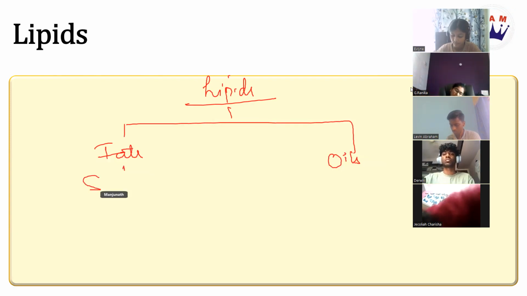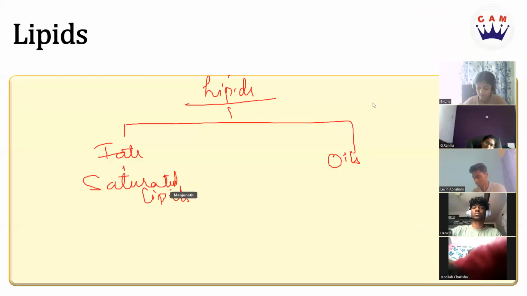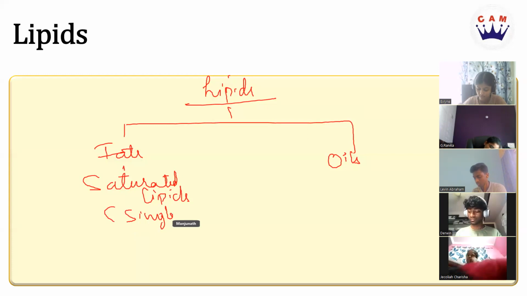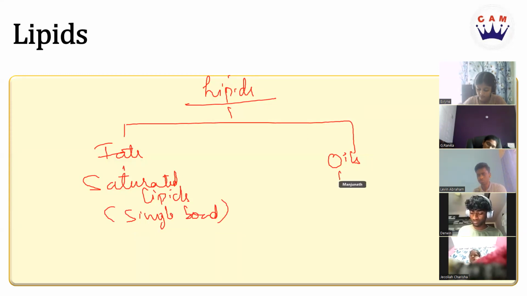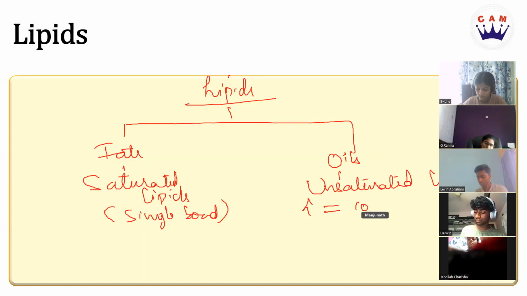Fats are saturated lipids with single bond only. Oils are unsaturated lipids with double or what bond? Triple bond.